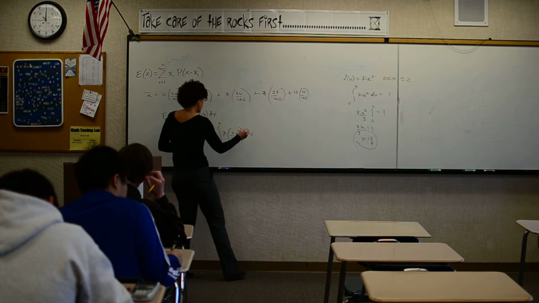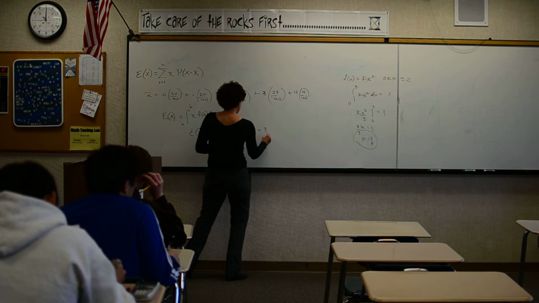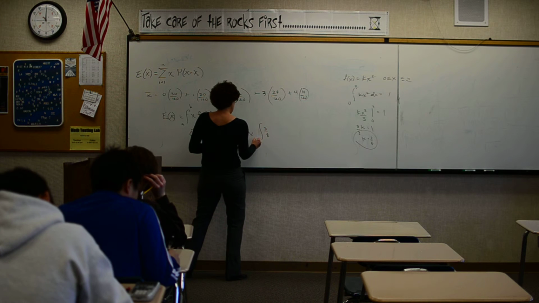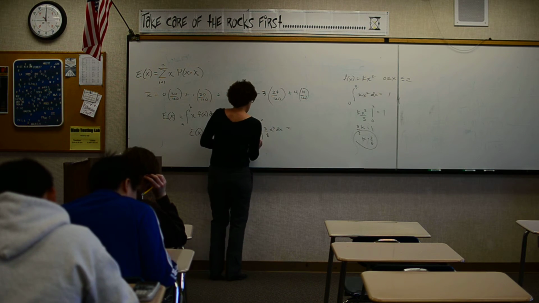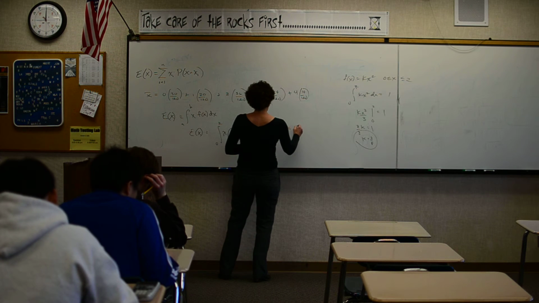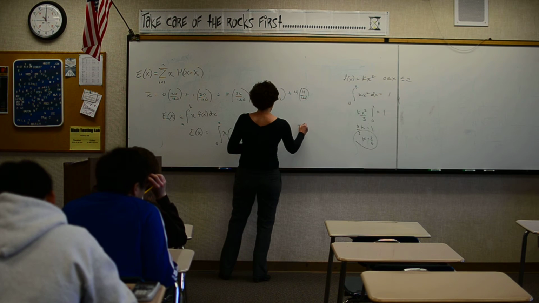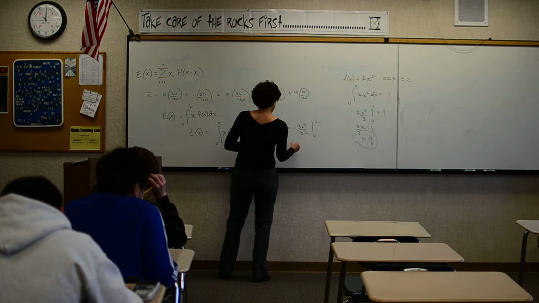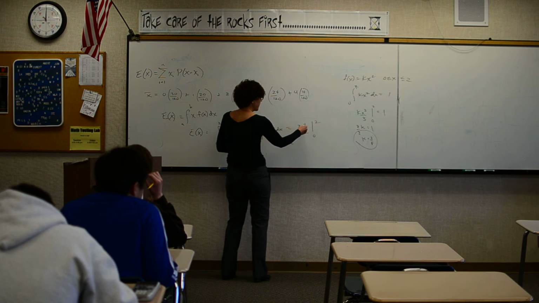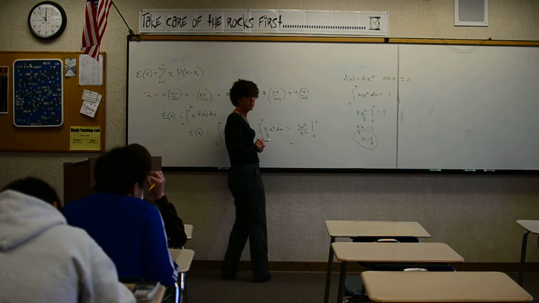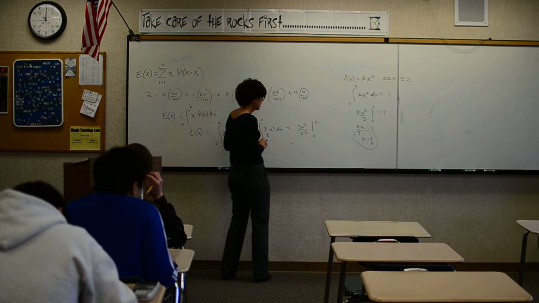So now this is the integral from 0 to 2 of 3/8 x cubed dx. So that's going to be 3x to the 4th over 32 from 0 to 2. And that's 3 times 4, but 4 goes into 32 8 times.